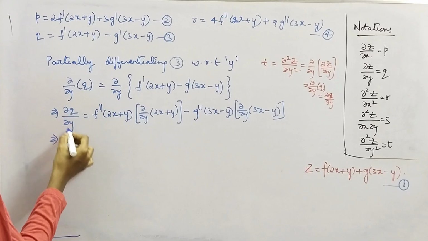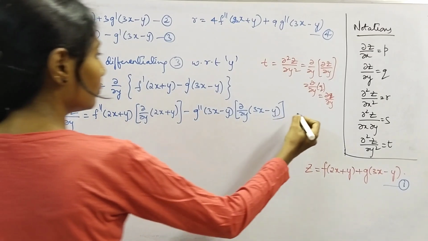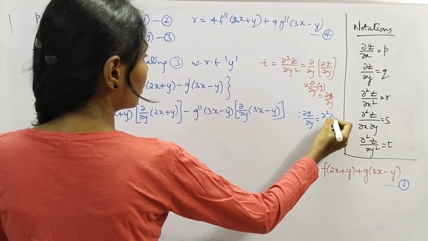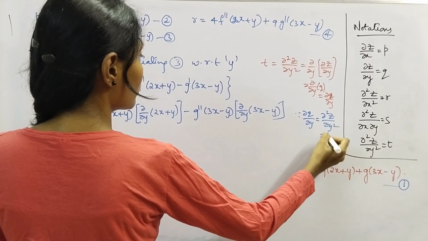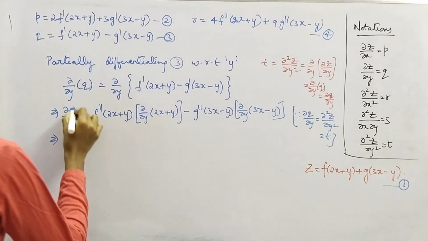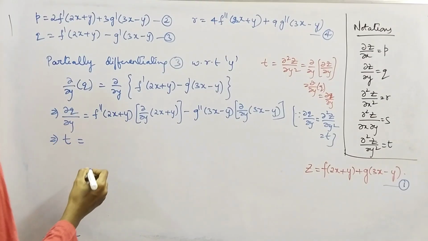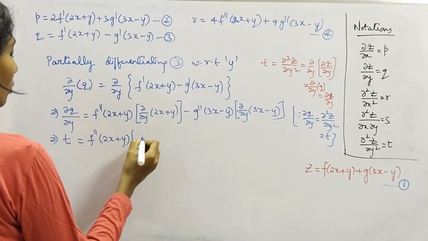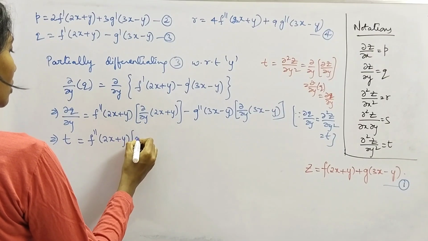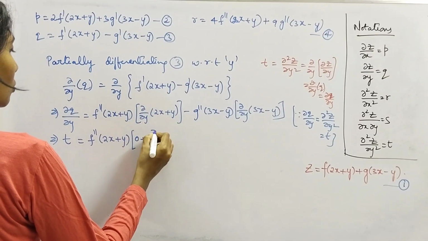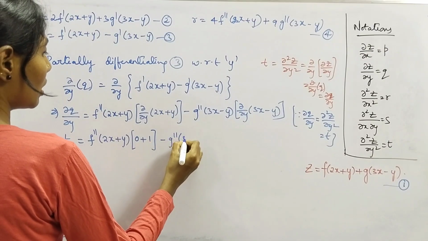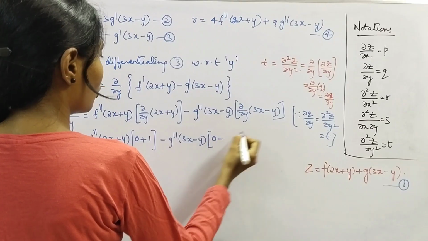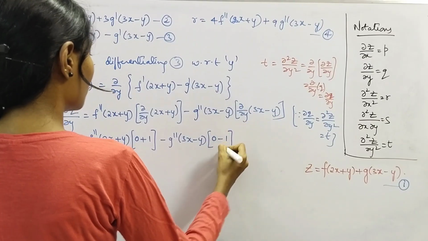Since ∂q/∂y is nothing but ∂²z/∂y², which is our t, you can just replace it by the notation t. You'll get t equal to f'' of (2x + y) into the partial derivative of 2x with respect to y, which is 0, plus the partial derivative of y with respect to y, which is 1, minus g'' of (3x − y) into the partial derivative of 3x with respect to y, which is 0, minus the partial derivative of y with respect to y, which is 1.